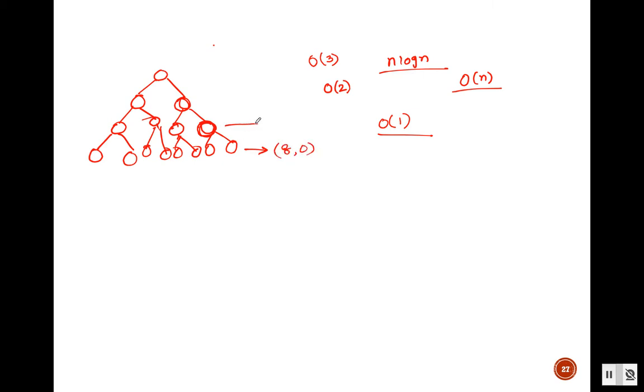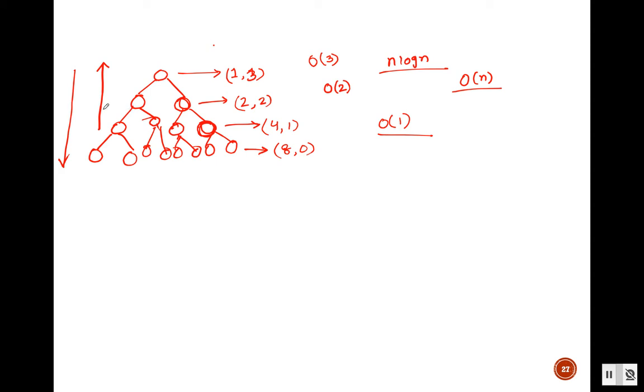In this level we have 4 nodes with height 1, in this level we have 2 nodes with height 2, and in this level we have 1 node with height 3. For this particular complete binary tree, in the worst case we are going to implement the percolate down algorithm for each of the nodes from height 1 to height 3.